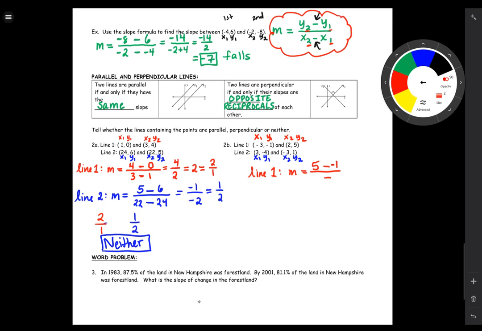And then the bottom, we have 1 goes there, and oops, my bad, I did that wrong. 2 goes, hold on. I'm looking at line 2's values, so sorry. So 2 goes here, and a negative 3 goes there. So we have 5 plus 1 over 2 plus 3. That's 6 over 5.